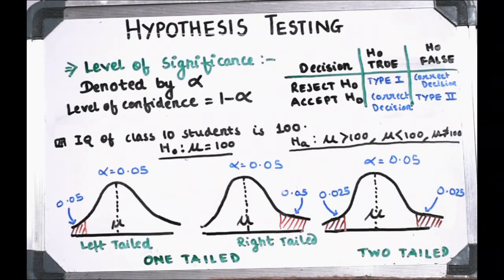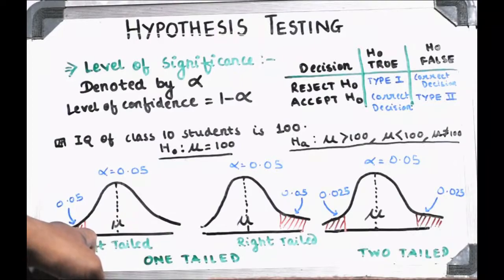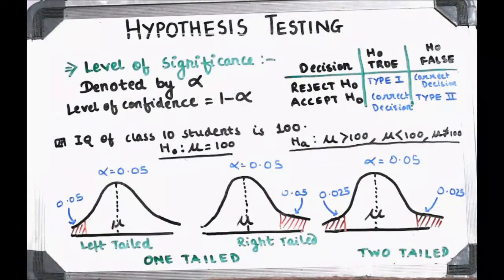Now how do we relate the level of significance with the acceptance or the rejection region? The area under the rejection region, marked in red, is basically the level of significance. Got my point?